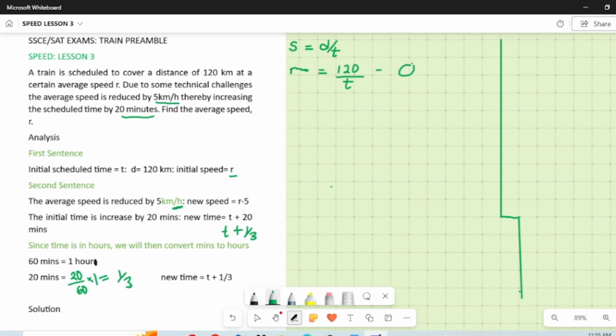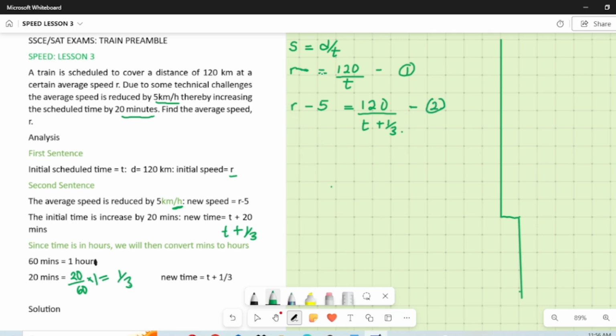So we can say this is our equation 1. And from the second sentence, we have r minus 5, which is equal to the distance traveled, which is 120, divided by the new time, which is t plus 1/3. This is our equation 2.